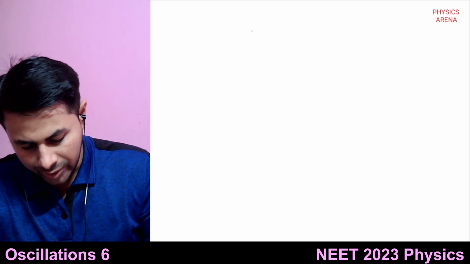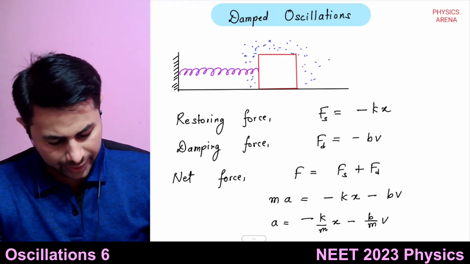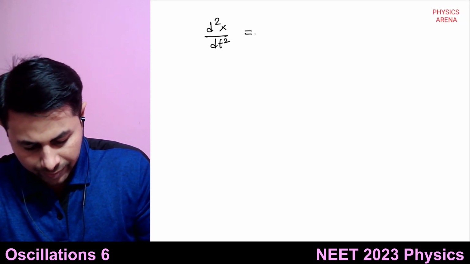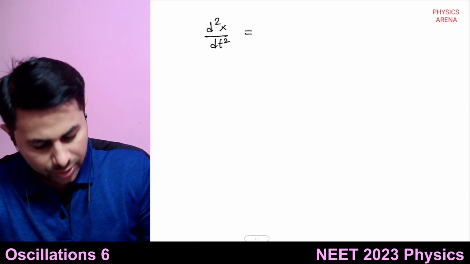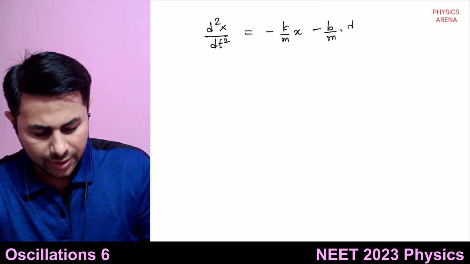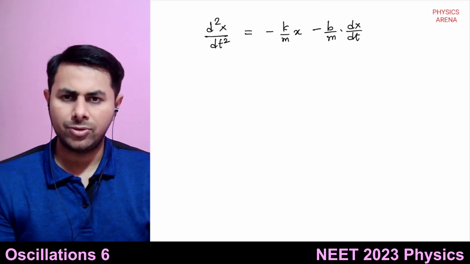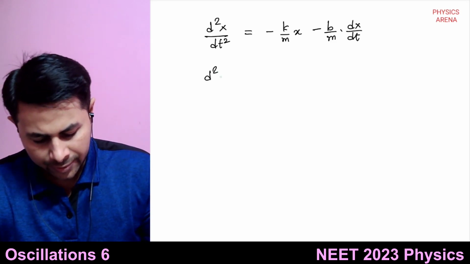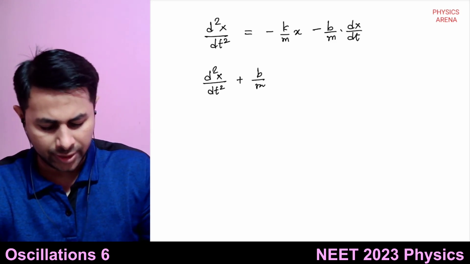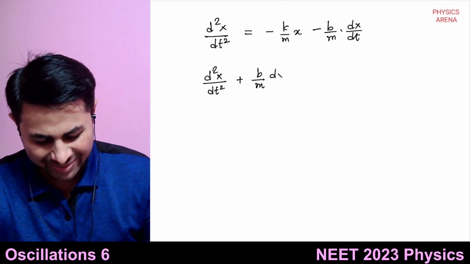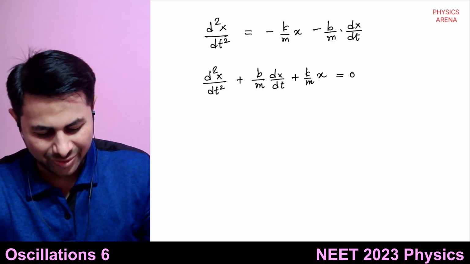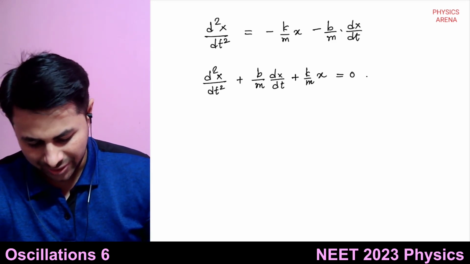So we get d2x by dt square is equal to minus of k upon m into x minus of b upon m into dx by dt. We can move these terms to the left hand side. So we get d2x by dt square plus b by m multiplied by dx by dt plus k by m multiplied by x is equal to 0. So we got this differential equation.